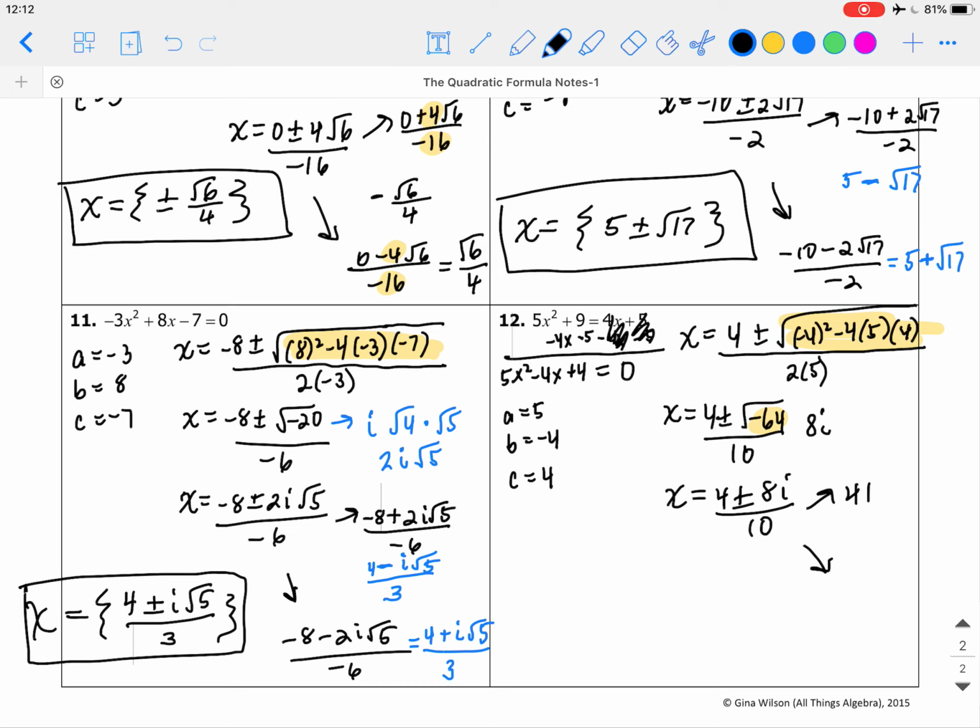I have 4 plus 8i over 10 and 4 minus 8i over 10. They are all divisible by 2, so let's just divide everybody by 2. So that's going to be 2 plus 4i over 5 and 2 minus 4i over 5. Let's go ahead and write our answer out. So I have x is equal to 2 plus or minus 4i over 5.